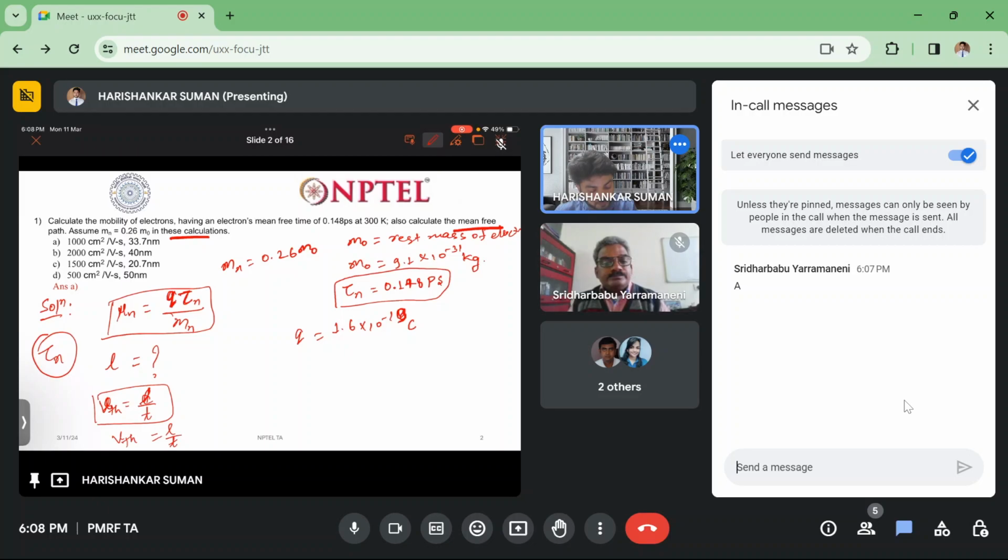You know kinetic energy. v squared is equal to 3 by 2 kT. Yes, we can apply 3 by 2 kT. Degree of freedom for this air, 3 by 2 kT.